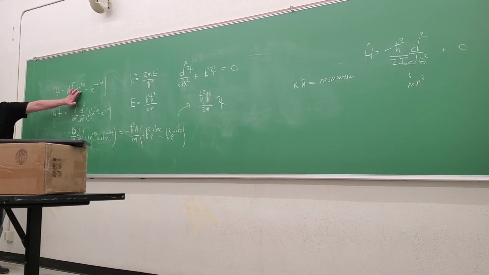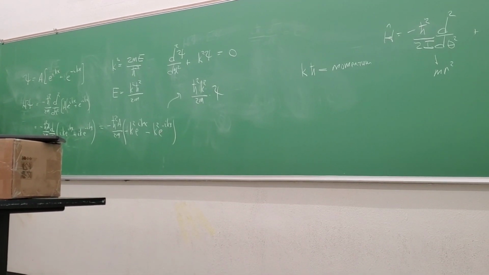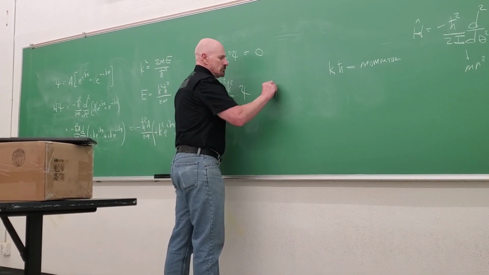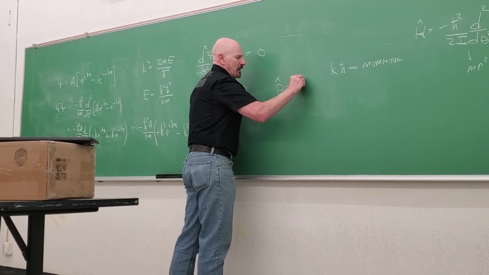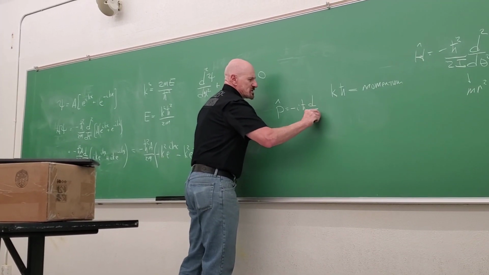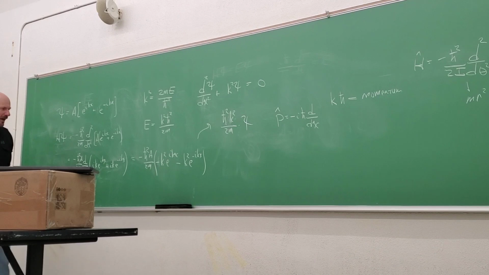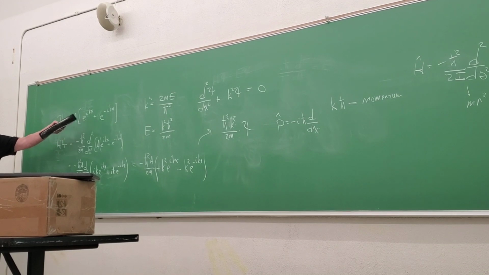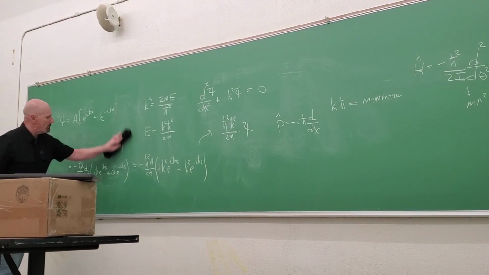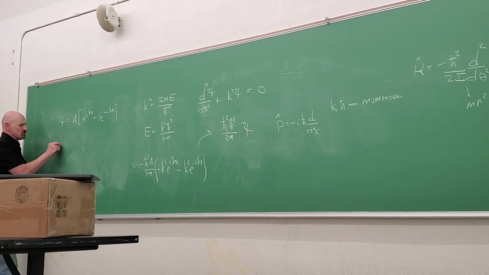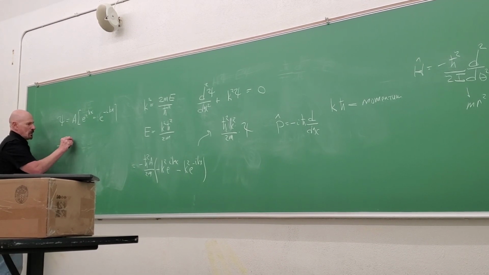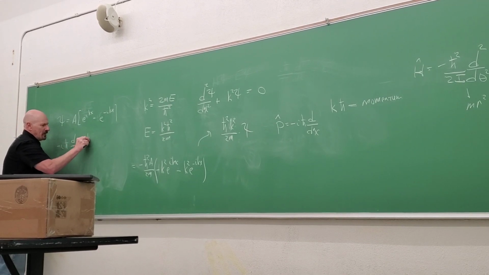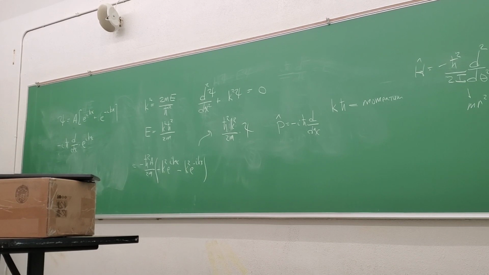Let's take just this leading term and use the momentum operator. Our momentum operator is equal to minus i h bar times the derivative with respect to x. So let's operate on that. I'll just take the first term, and we can do it again for the second term. What is minus i h bar derivative with respect to x of e to the ikx? I'm just leaving the a off for the moment.